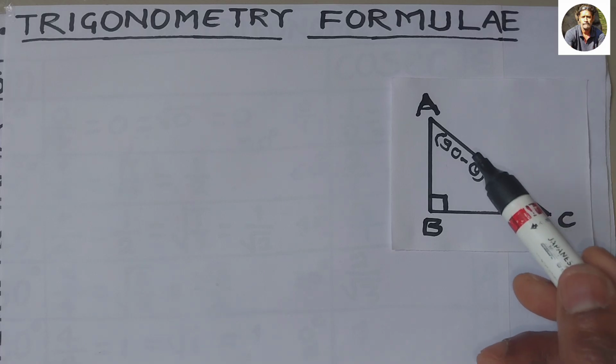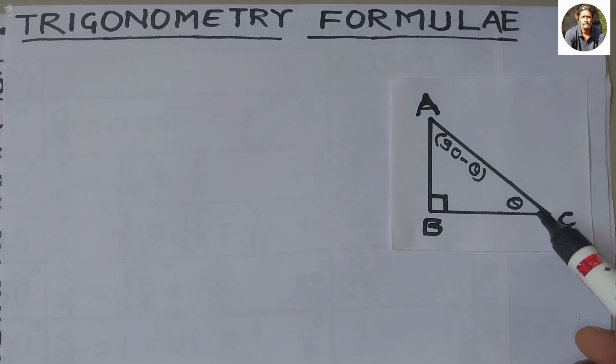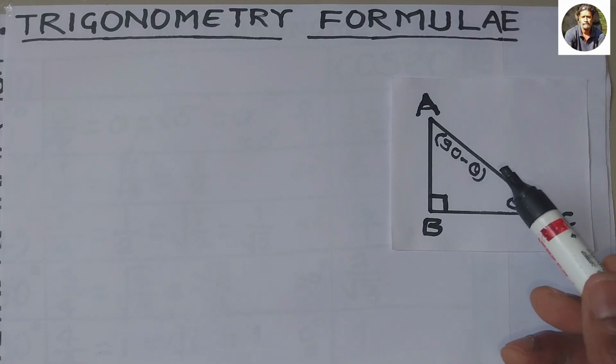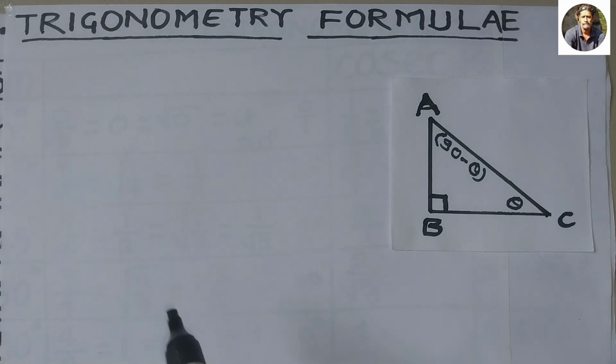Complementary angles means the sum of their measures is 90 degree. Therefore, when I write here measure of angle C is equal to theta degree, then the measure of angle A is 90 minus theta. Now here, first I will show you trigonometric ratios and their formulae.